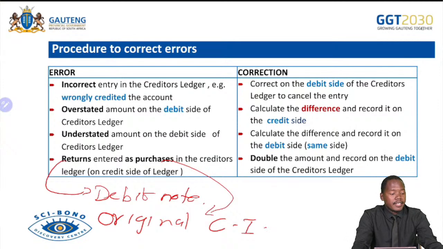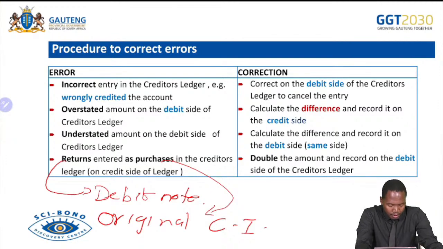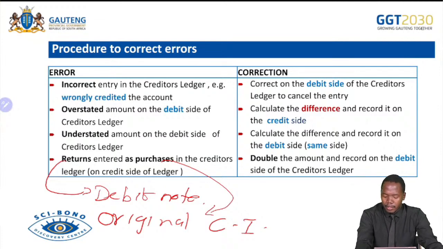Remember, the source document for creditors control, for the creditors allowances, for the creditors journal becomes our original credit invoice. If returns are entered as purchases, that means it would have been entered on the credit side. Remember, purchases are entered on the credit side. We will double the amount on the debit side of the creditor's ledger.